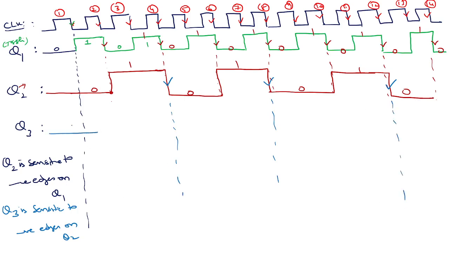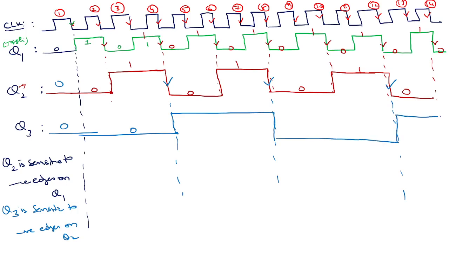Initially all are 0. Then it will continue as 0 till this point, then it will become 1, then become 0, then again becomes 1, like this. Correct?